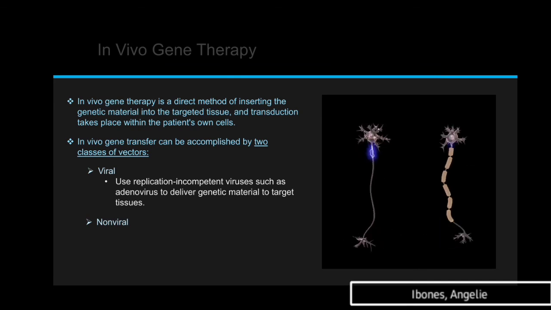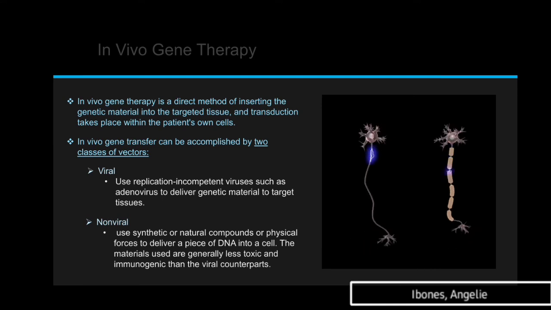These vectors are so efficient that approximately 85% of all current gene therapy clinical trials use viral vectors. Unfortunately, they also suffer from limitations such as limited packaging capacity, immunogenicity, and an inability to transfect non-dividing cells.